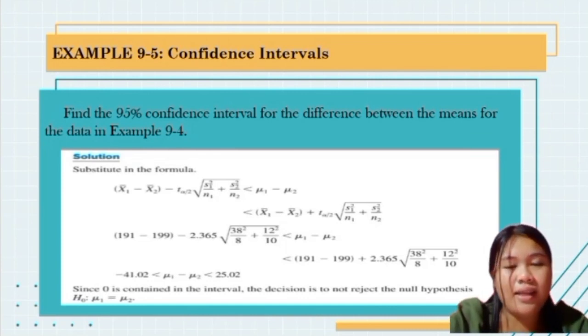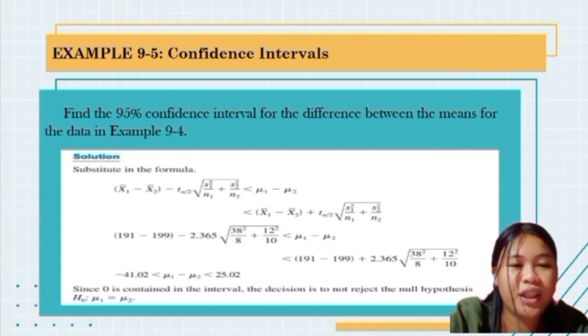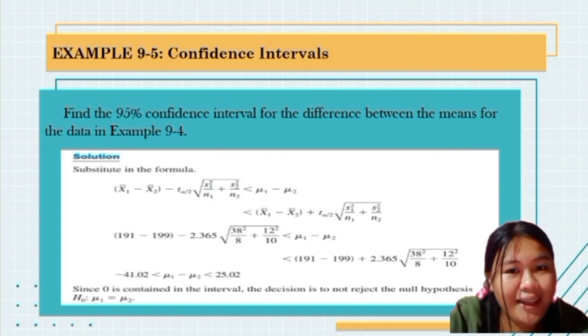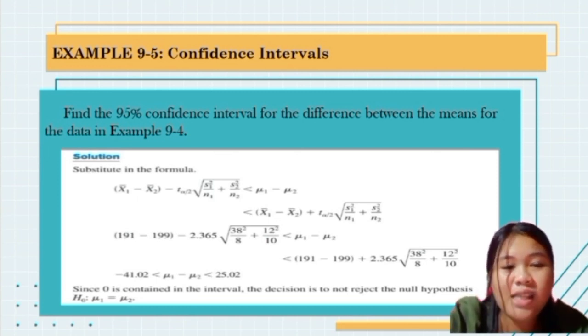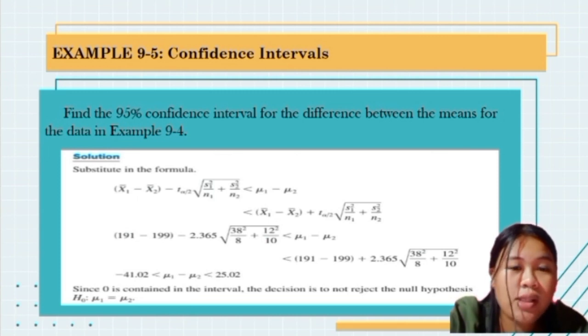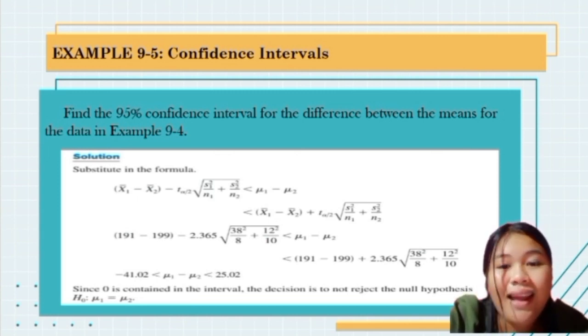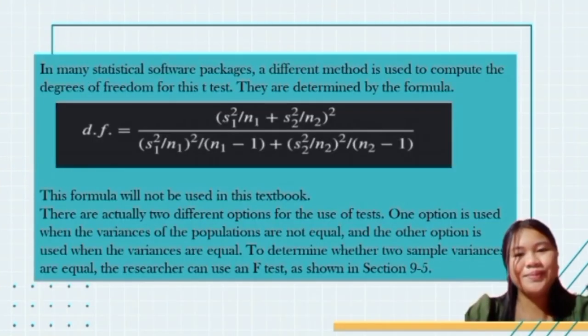Now, let's try this problem. Find the 95% confidence interval of the difference between the means of the data in example 9.4, the farm size example. This is what we will find. Solution: below is the solution for getting the 95% confidence interval for the difference between the means of the data in example 9.4.